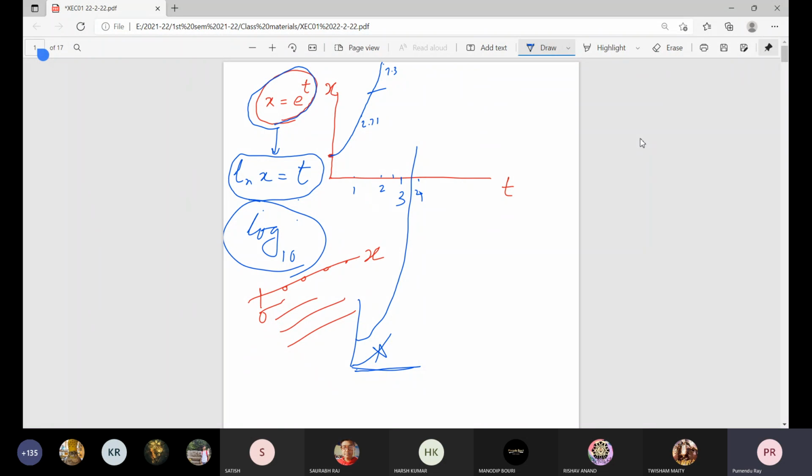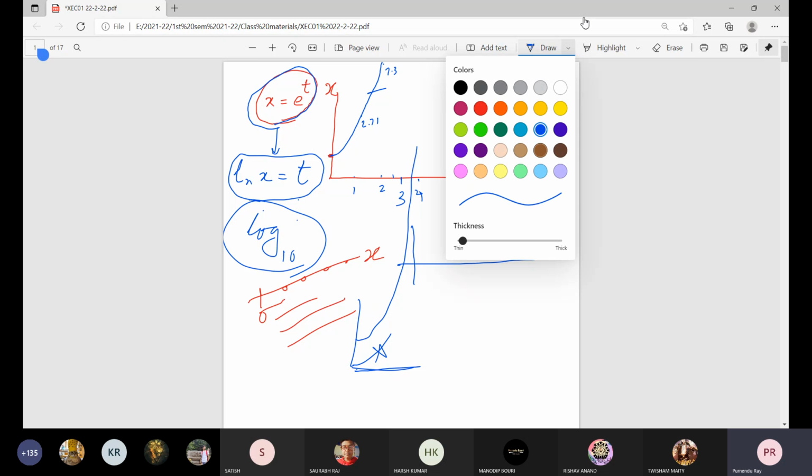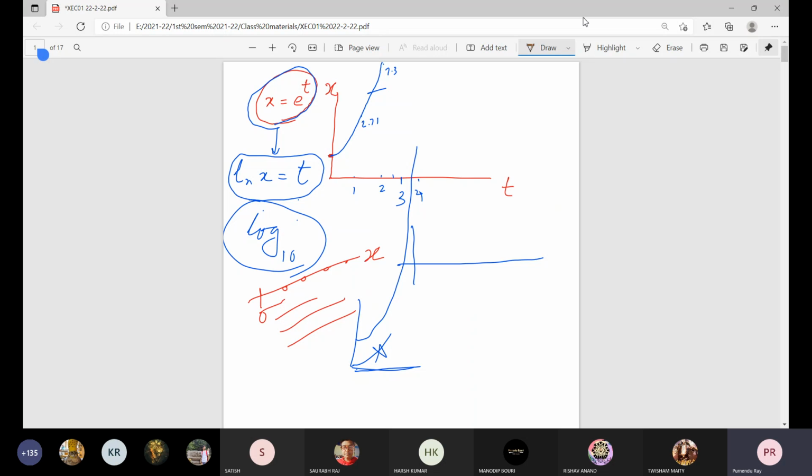Suppose we have some x values and along this x-axis we directly plot those log values. When it is 1, the log value is 0. When it is 2, it is log 2 with respect to 10. For 3 we calculate log 3.